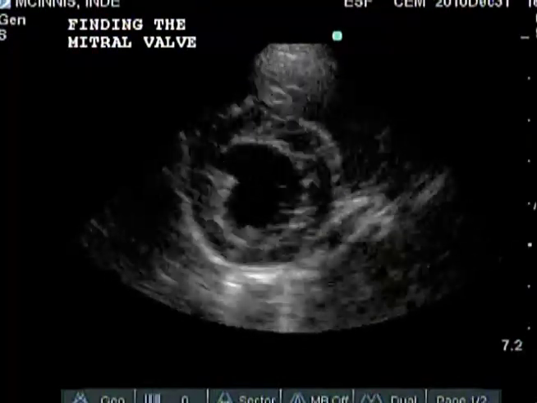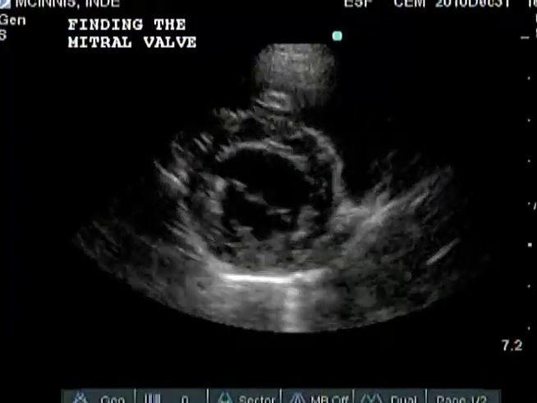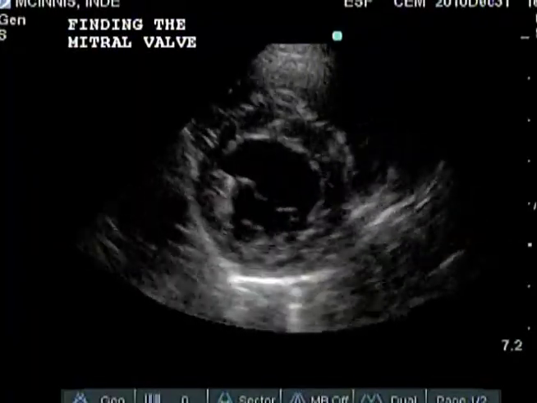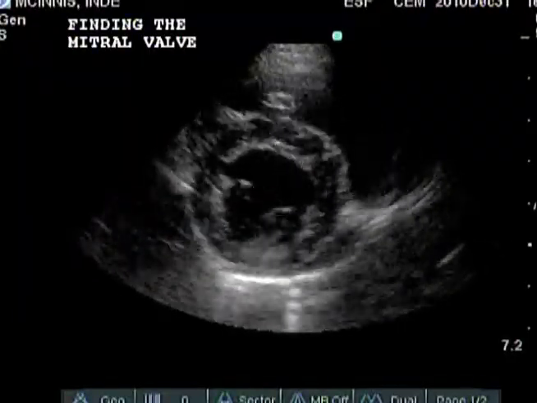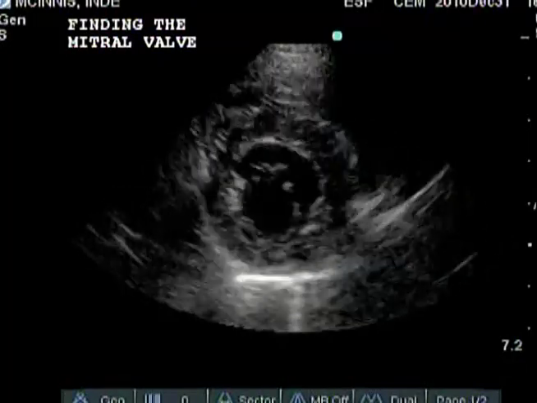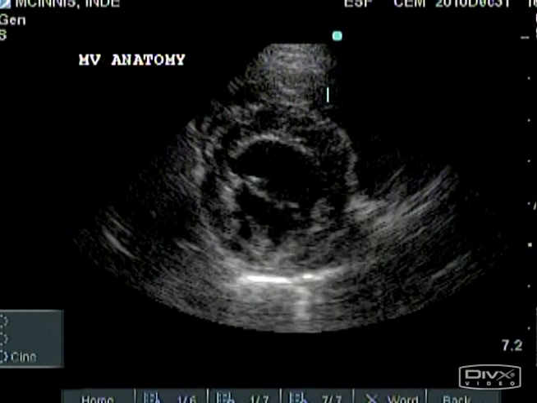Fan or slide toward the heart base until the mitral leaflets are seen. In this view, you see the anechoic chambers of the right ventricle and the left ventricle.